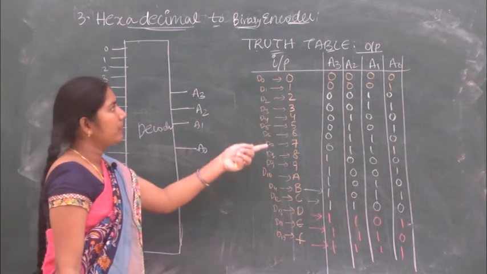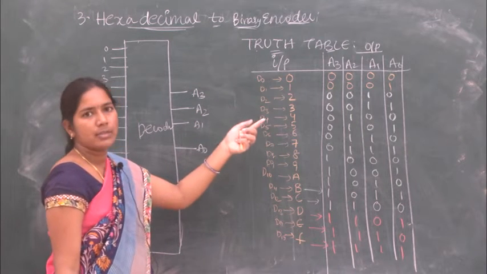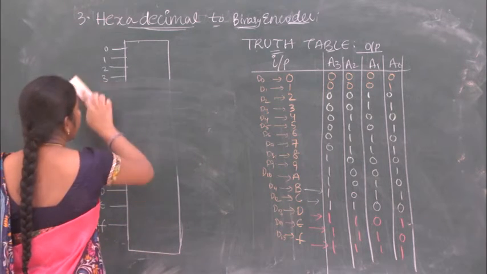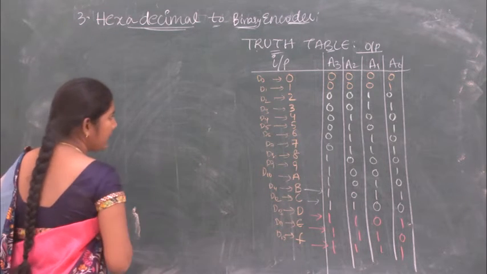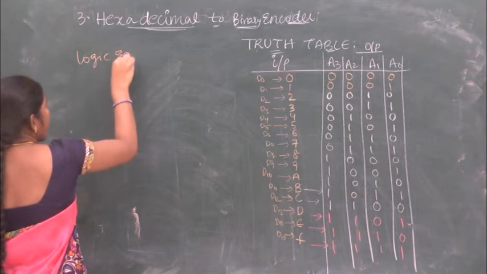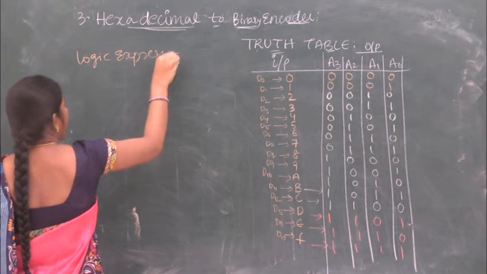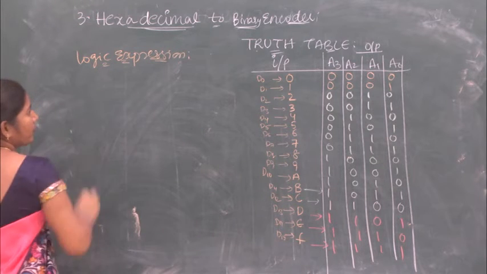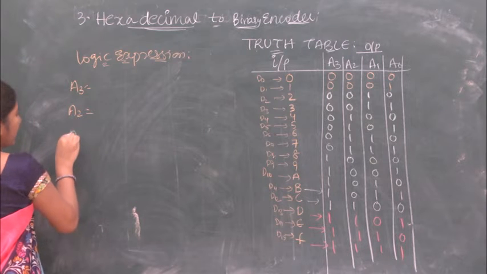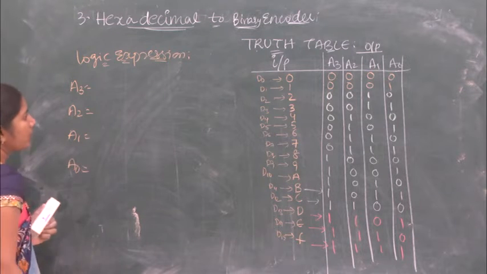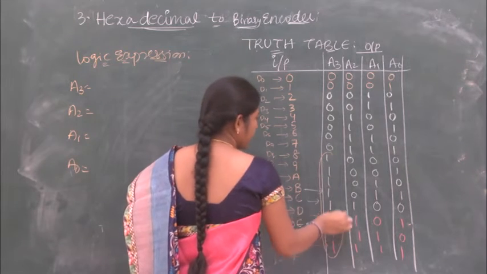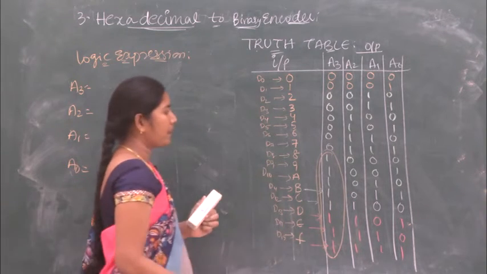Now we know the truth table, means we know the output values for each A3, A2, A1 and A0. With that, we can find the logic expression for outputs. As we are having 4 outputs which are A3, A2, A1 and A0, just consider the output values when that value is high.